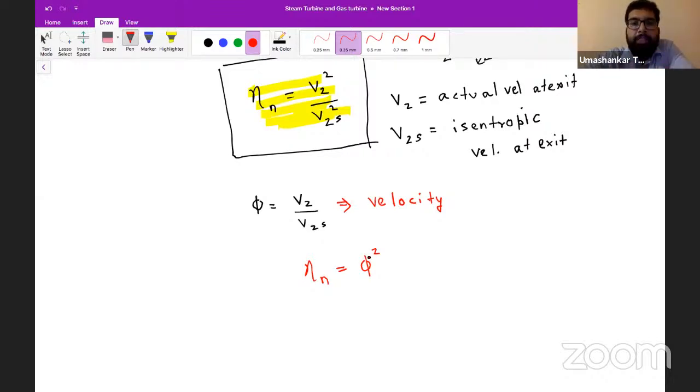Now, in the first lecture, we saw that the exit steam from the boiler enters the steam turbine. Then we broadly unfolded it into the nozzle and the moving blade.